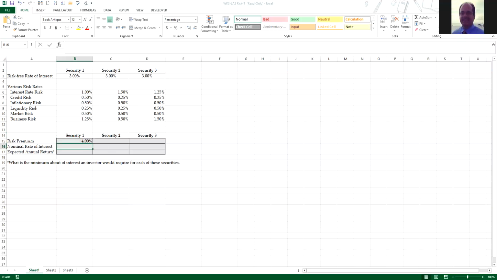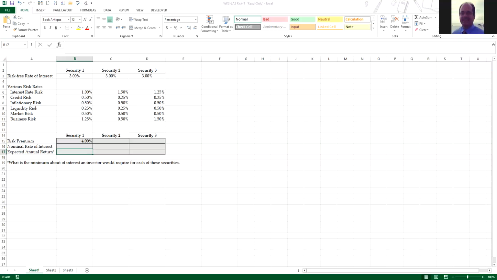Now, the nominal rate of interest is the annual return less the inflation rate. But before we calculate that, we need to calculate the expected return, and the expected return is going to be the risk-free interest rate plus the risk premium. So we have our cursor in the expected annual return cell.